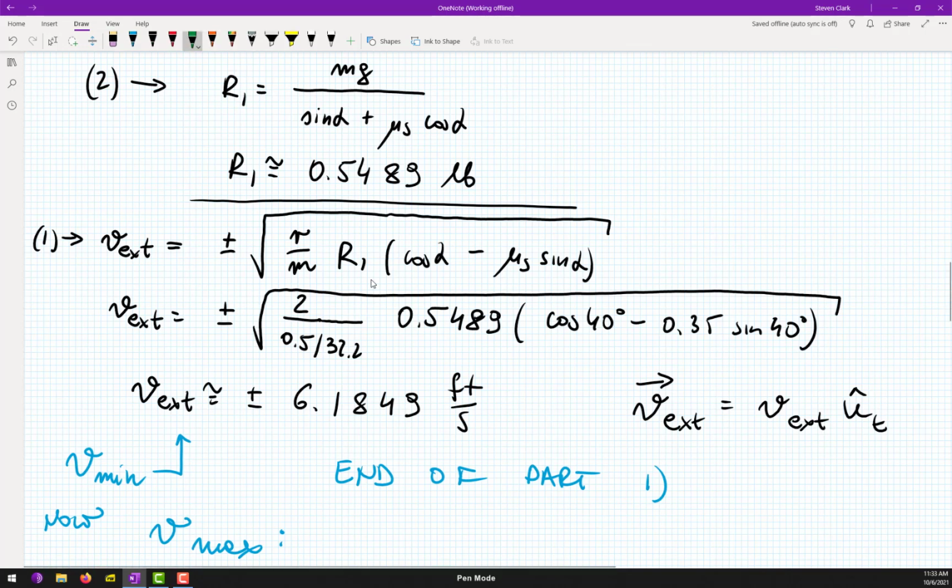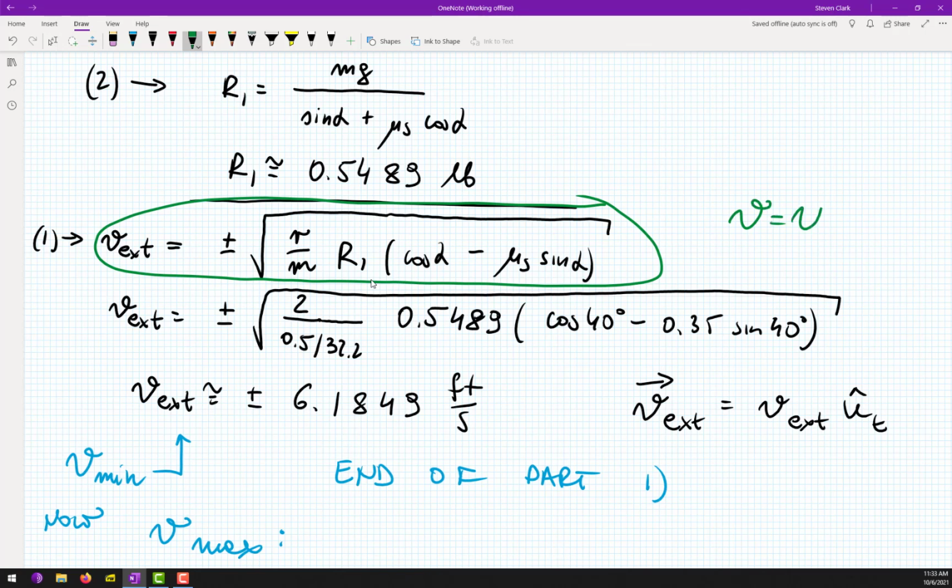You must at home use your computer to plot this expression. You see, because this is basically velocity as a function of mu s. So this is how velocity depends on mu s. Okay?